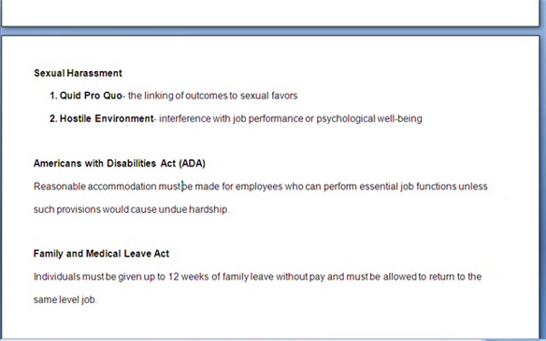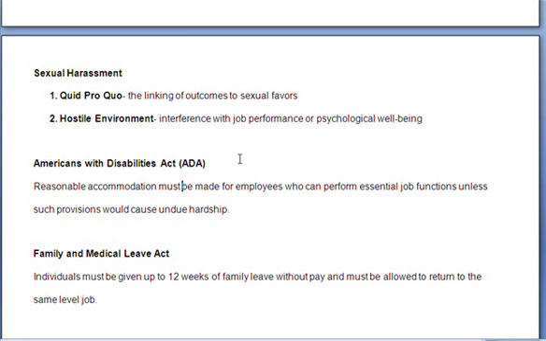If we have an employee, or an applicant I should say, and their disability prohibits them from doing the job, however, with a slight modification to the job, a reasonable accommodation, with that reasonable accommodation, they could then perform the job. Well, we must then consider that person a legitimate candidate.